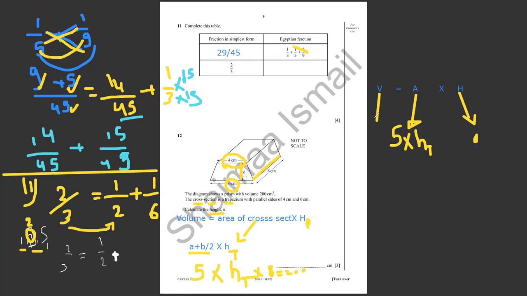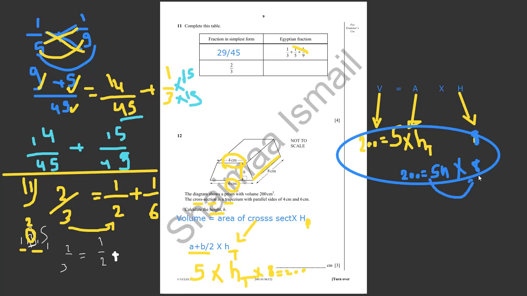And the volume here is equal to 200. So we're going to work on this equation: 200 equals 5h, the missing one, multiplied by 8, which is the height of the trapezium.